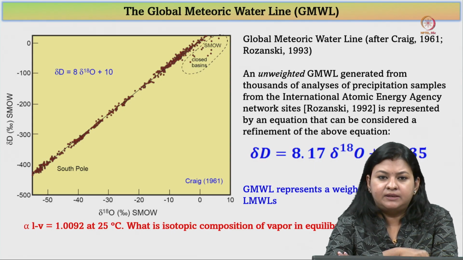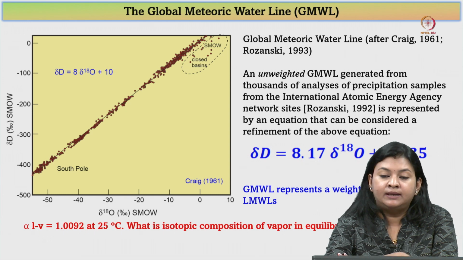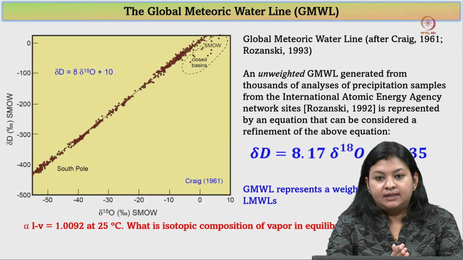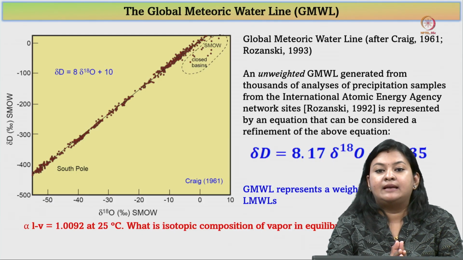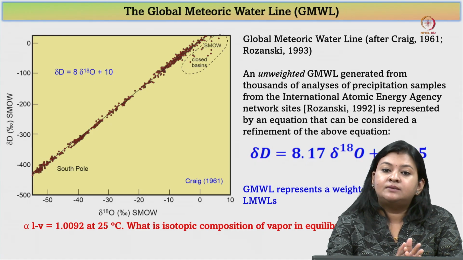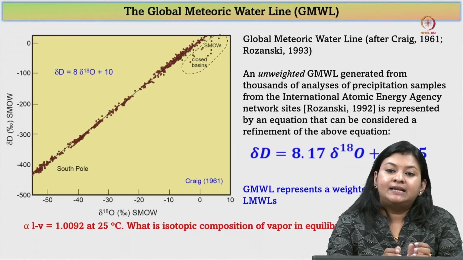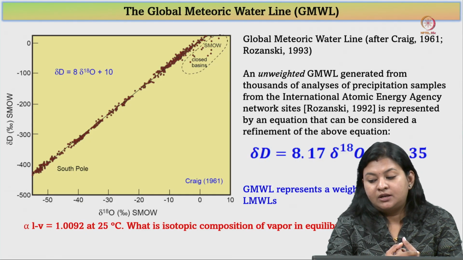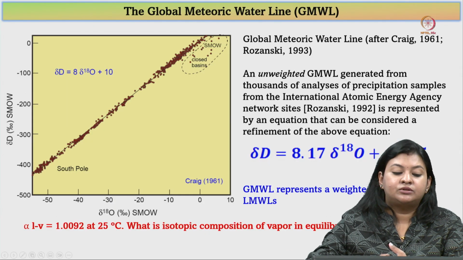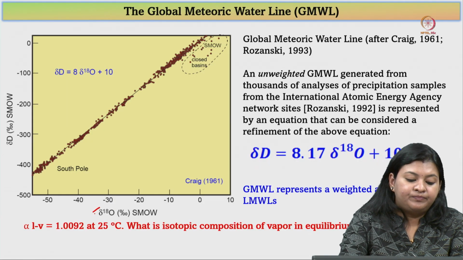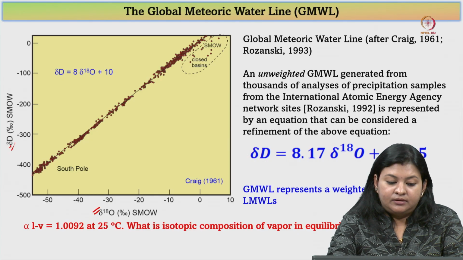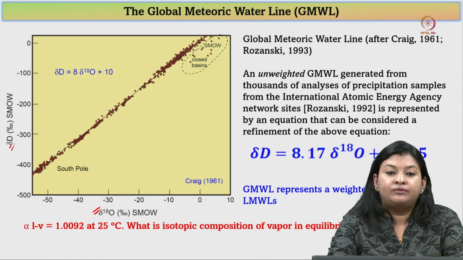Today we are going to discuss a little bit about the global meteoric water line. One of the most remarkable correlations that exists in natural samples on earth is the correlation between the δ¹⁸O and the δD of a water sample. Here you are going to see a plot of δ¹⁸O on this axis and δD on this axis, and plotted is a huge number of samples, all from precipitation.